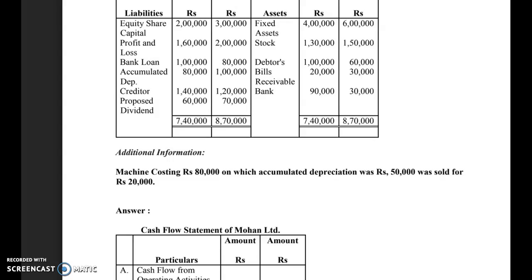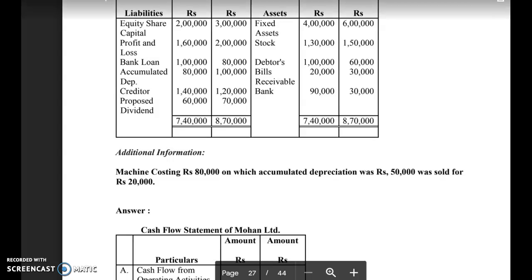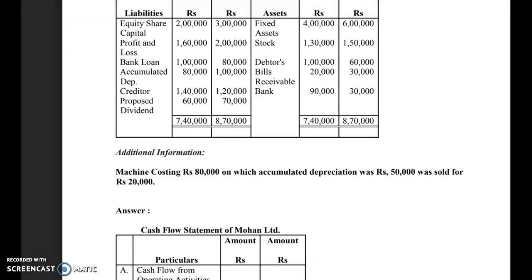In the additional information given, a machine costing rupees 80,000 on which accumulated depreciation was 50,000 was sold for rupees 20,000. So accumulated depreciation on this machinery was 50,000. When this machinery is sold, automatically its depreciation will also be deducted from here.